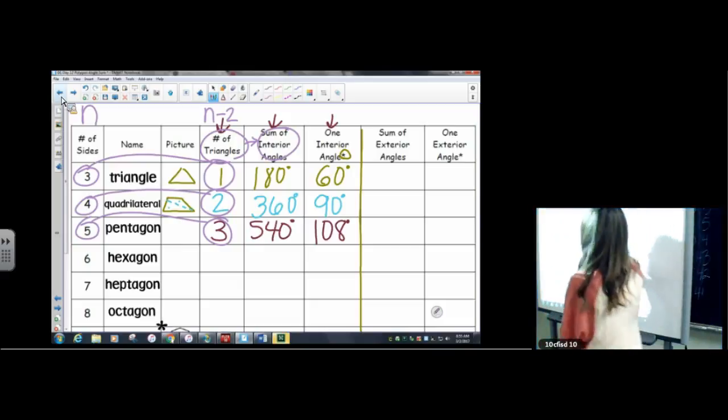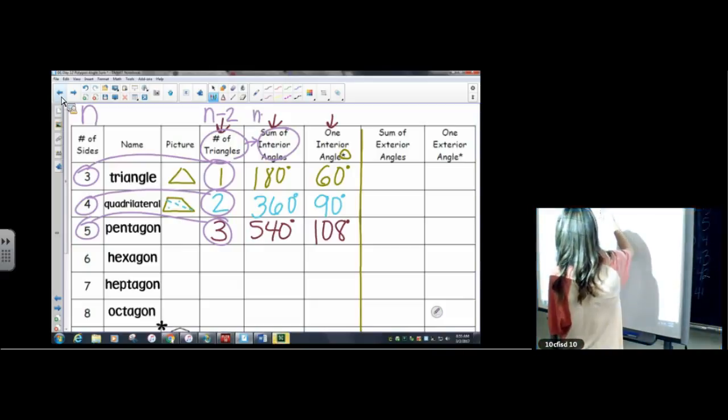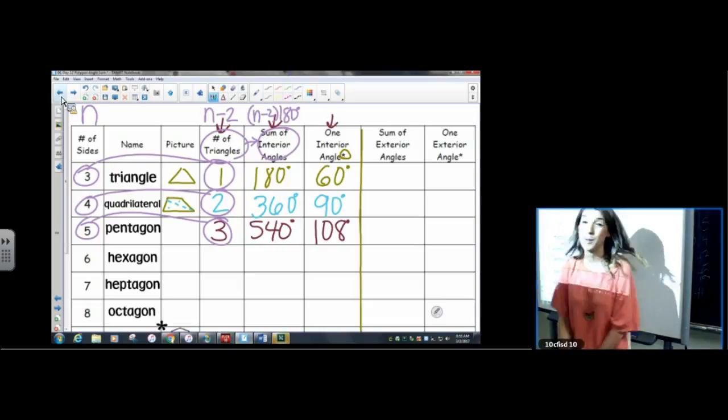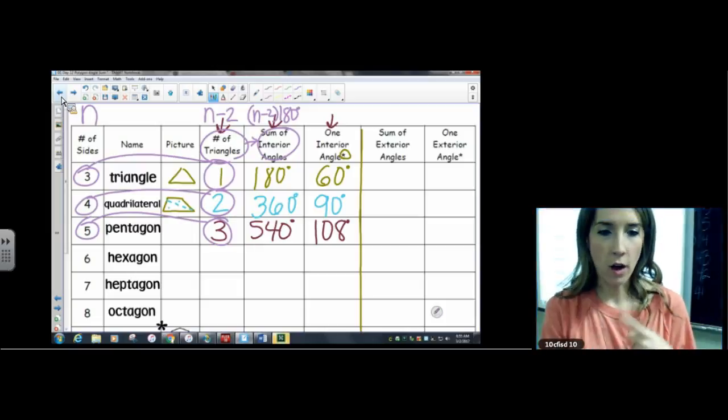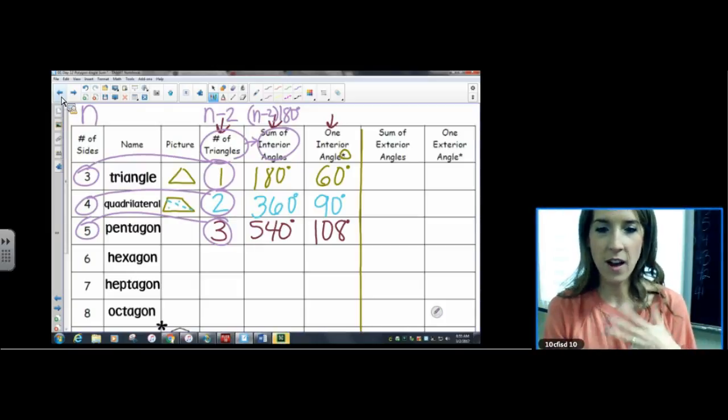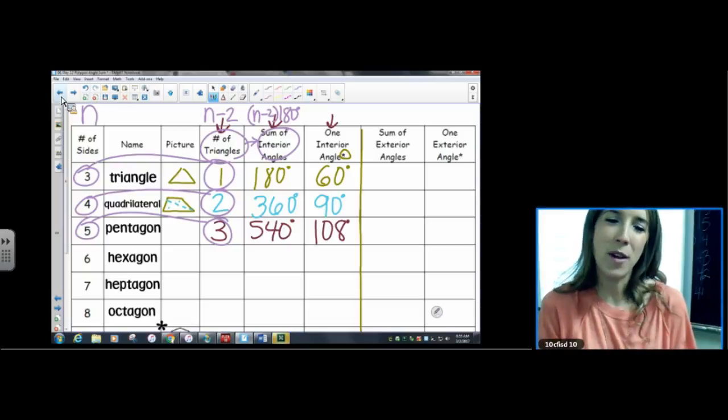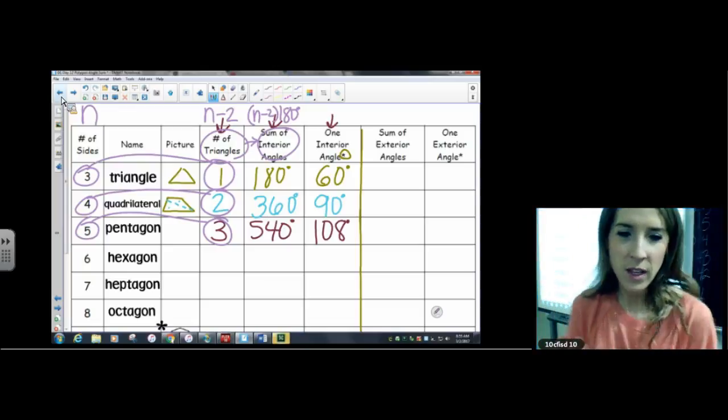Good. So to create this column, we've got n minus 2 times 180. That's a formula, and we could use it for an octagon, a dodecagon, a 50-gon, a 100-gon, a 20-gon. No matter how many sides we have, we can use that formula, and we don't need to memorize a table. You know what I mean?